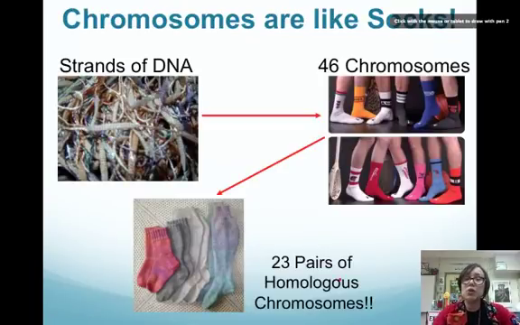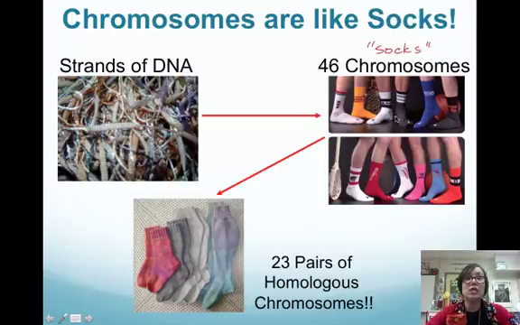Now let's quickly review our analogies just so that nobody gets confused. Remember that we're starting out in our cells with a big pile of DNA that's loose and tangled like a big pile of yarn. To make it easier for us to separate, to prepare for cellular division, what we're going to do is take that loosey-goosey DNA and put it into a structure that's easy to identify. So we're going to put it into socks or chromosomes.